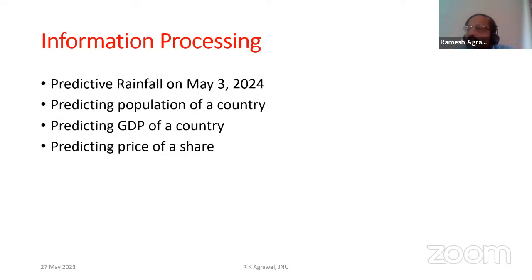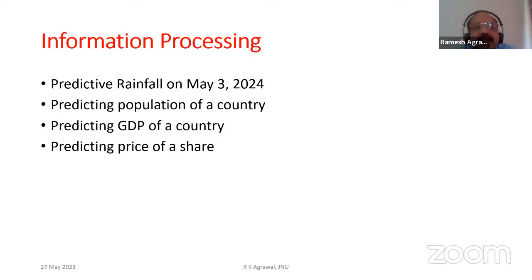Let's say you want to predict the population of India by 2040. This data is again not available. But based on the past data of the population of various years, we can see the change every year, and on this basis it can be estimated what the population of India will be by 2040.